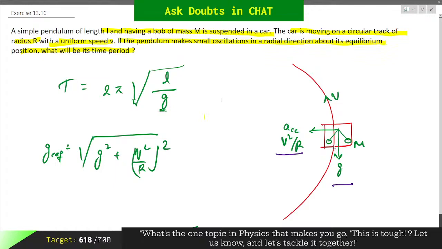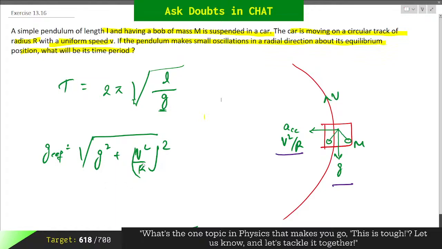In order to find the net acceleration, we will have to find the net force, and the net force would be given by the vector sum. Since these forces are perpendicular to each other, we can simply write the net force as the square root of the square of the magnitude of the first force plus the square of the magnitude of the second force. Here the first force is the force of gravitation, and the second force is the centripetal force, that is m v square by r.